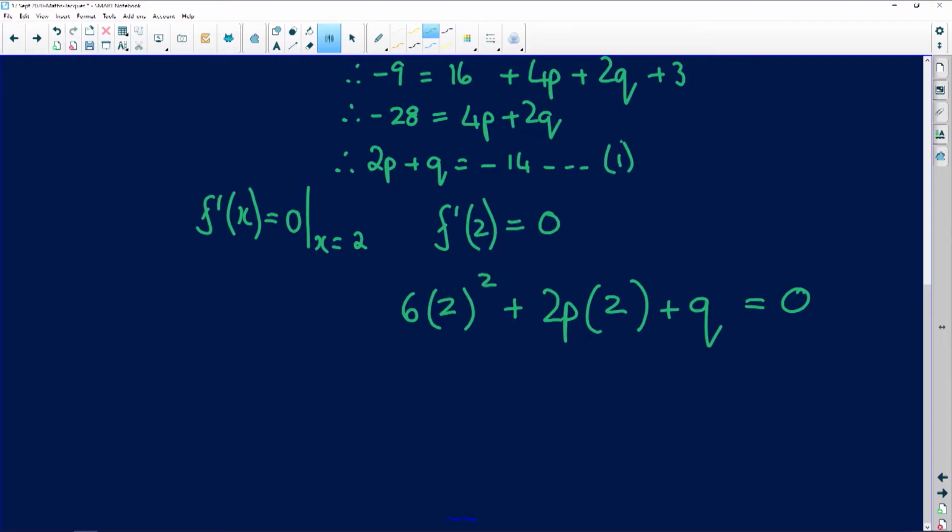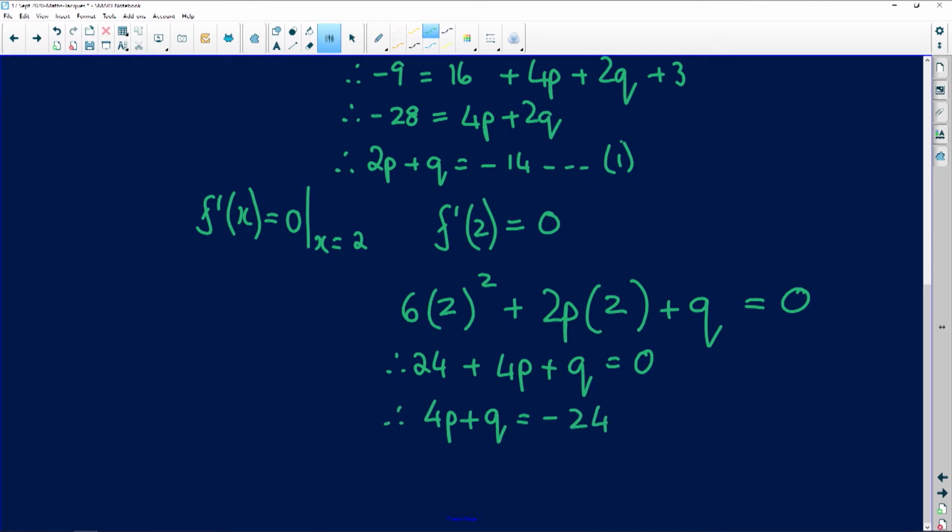And now I'm just going to substitute, and then I solve this simultaneous equation. 4 times 6 gives me 24, plus the 4p plus q is thus 0, and I can kick this one to the right-hand side of my equation. Then I get 4p plus q is equal to minus 24.